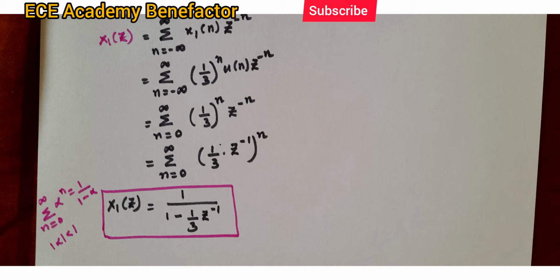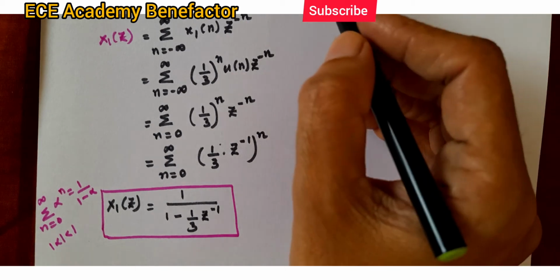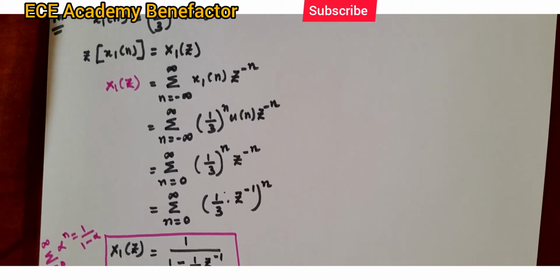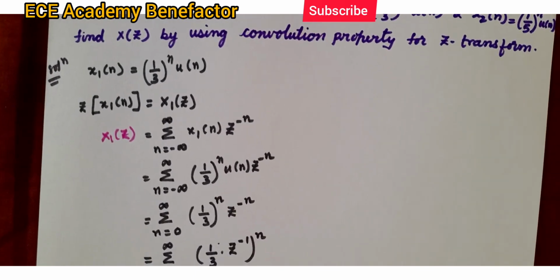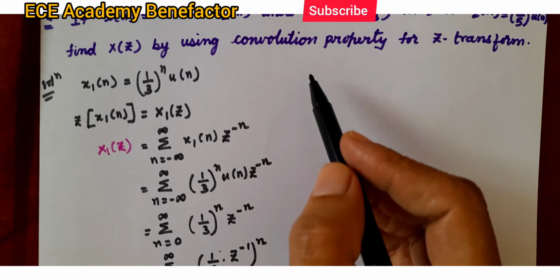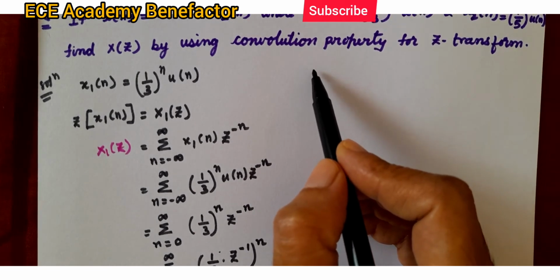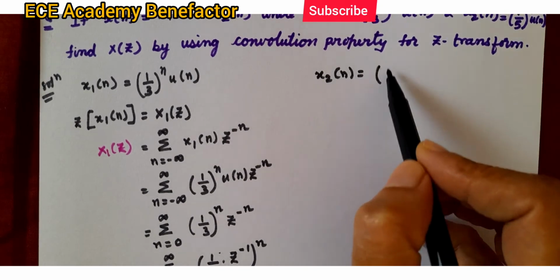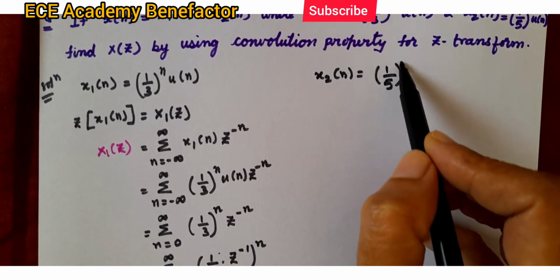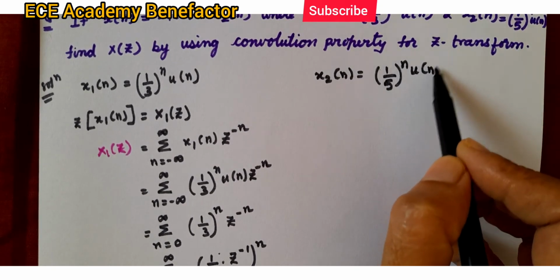Now, coming to X2 of z, how to find X2 of z? First write x2 of n is equal to (1/5)^n u of n.